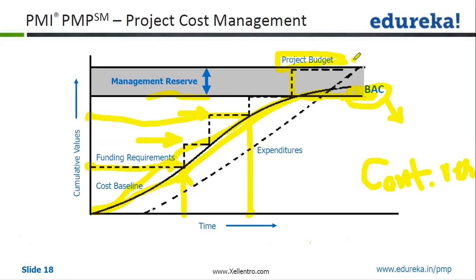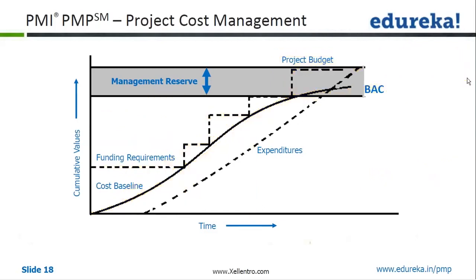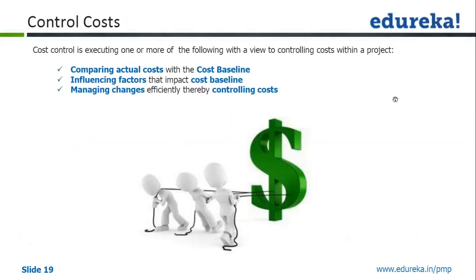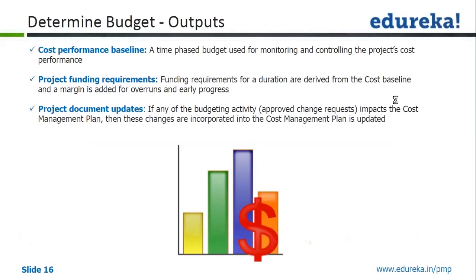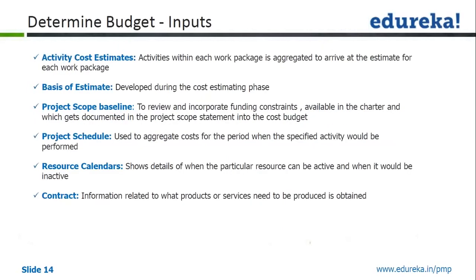So essentially project budget equals BAC plus management reserve. So BAC plus MR. That's about it. That's what I wanted to tell you from the cost baseline perspective.